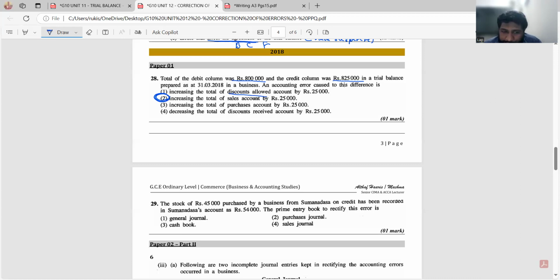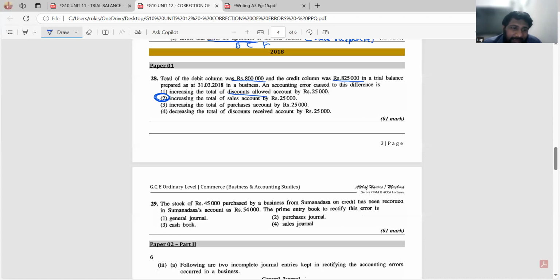Question 29. The stock of 45,000 purchased by the business from Sumanadasa on credit has been recorded in Sumanadasa's account as 54,000. The prime entry book to rectify the error. So nothing is connected with this particular adjustment.